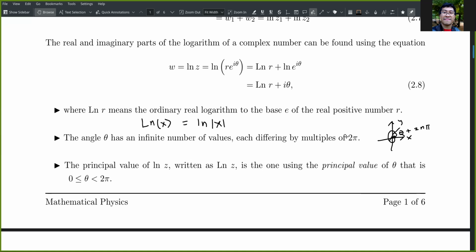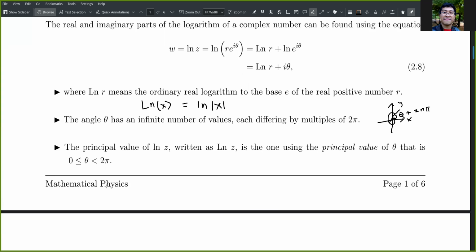The principal value of Ln z is the one using the principal value of theta, that is theta between 0 and 2 pi. 0 and 2 pi are the same, so we only use 0. If we encounter 2 pi, we just set it equal to 0.